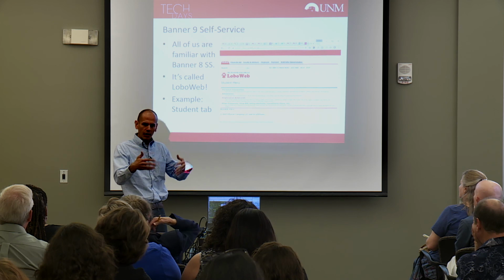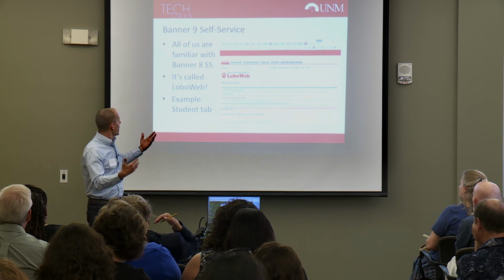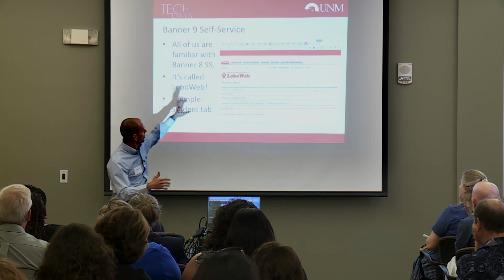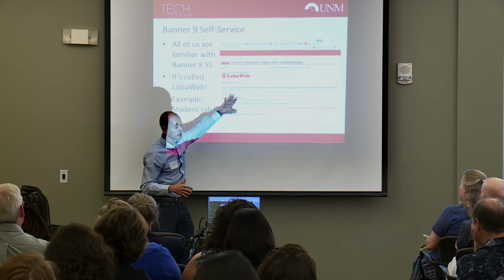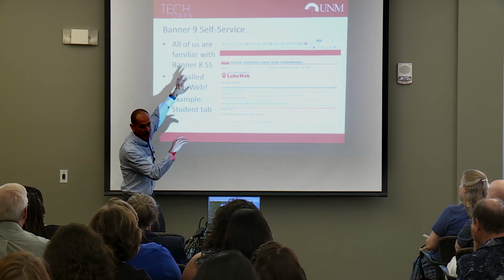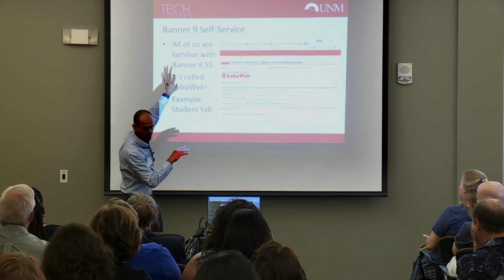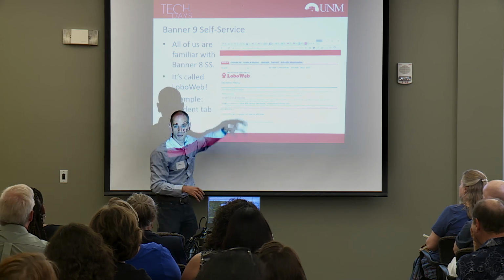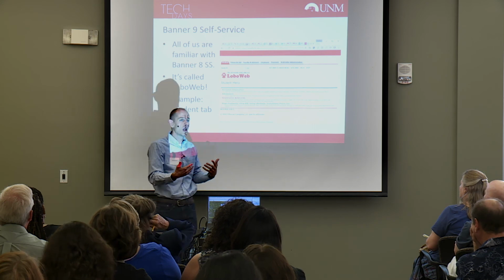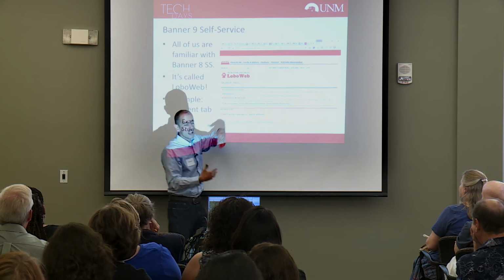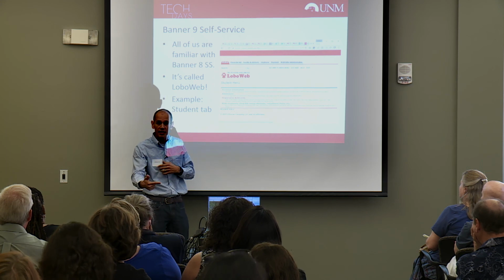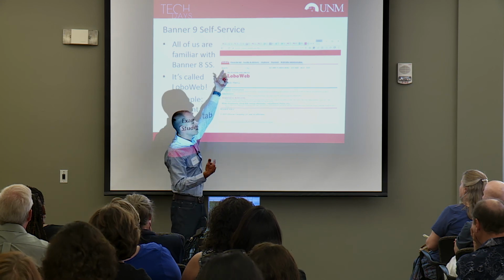So Banner today, as it exists, we have Banner self-service. This right here is Banner 8 self-service. That's just the title of this section where it says Banner 9 self-service. Don't pay attention to that. This is Banner 8 self-service. And you guys are familiar with this because this is where we as staff go to check our leave balances. If you're a student, if you're going to register for classes, you go in here.